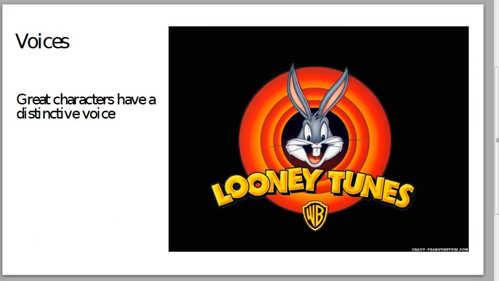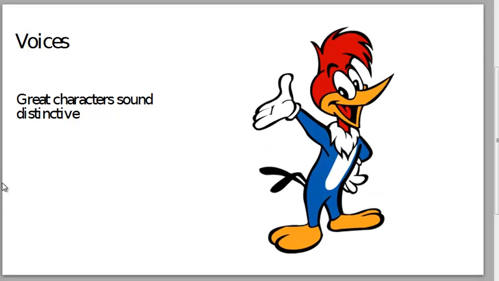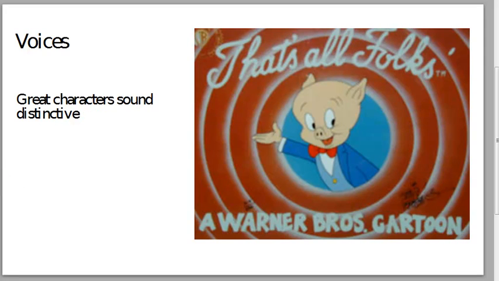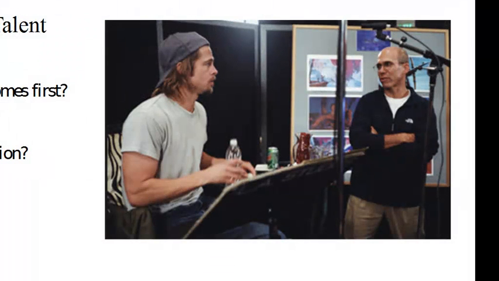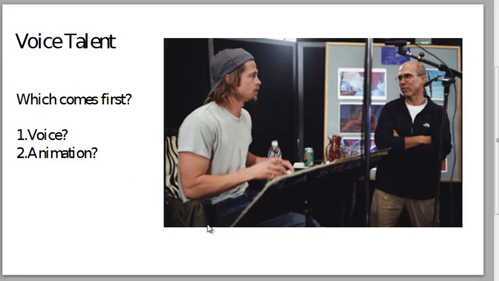If you also look at great characters, you'll find that they tend to have a great voice. This really, really helps. Characters like Bugs Bunny have a fantastic voice. When I was a kid in the playground, we'd all do imitations of the Looney Tunes characters. Woody Woodpecker's laugh, or Porky Pig's lisp, that kind of thing. When it comes to animation, you always find that the voice talent comes first.